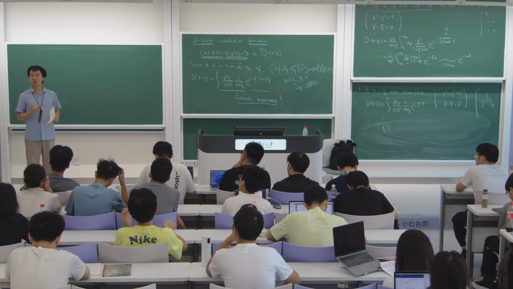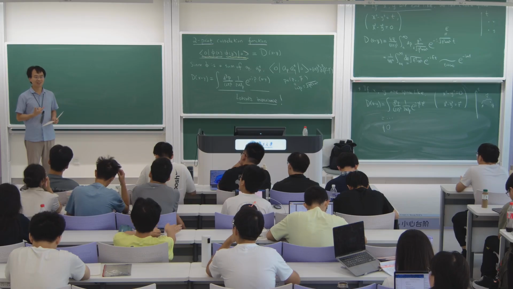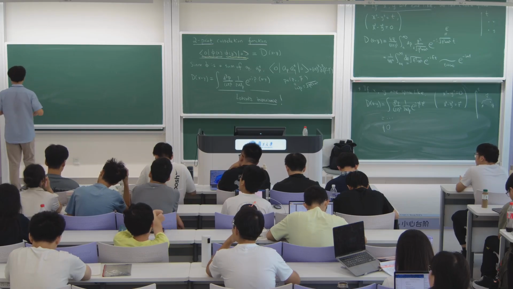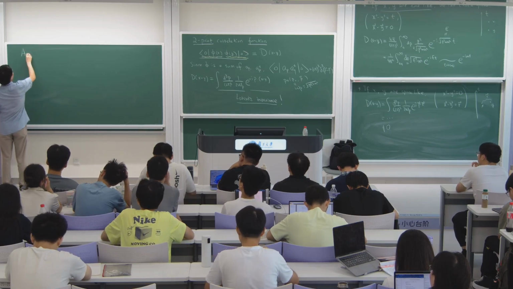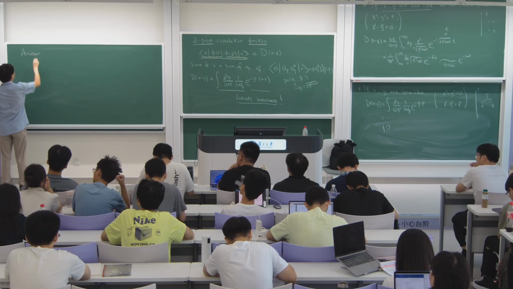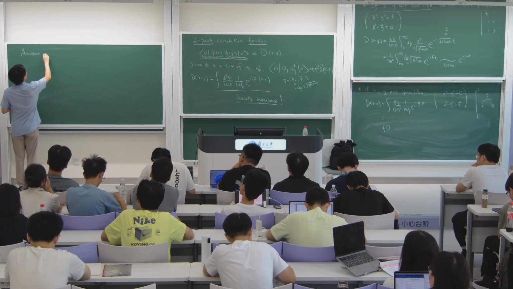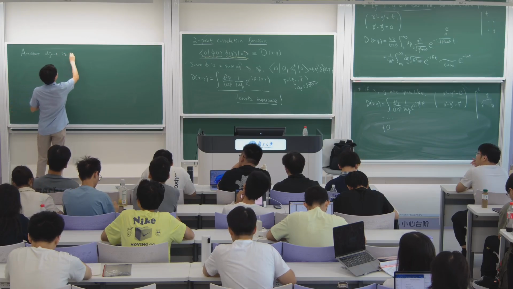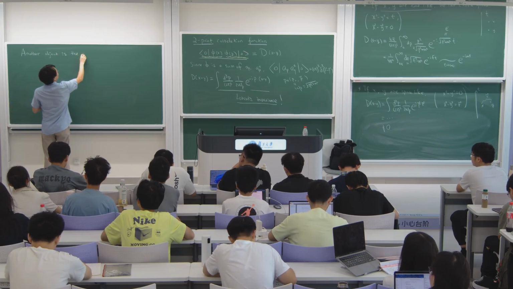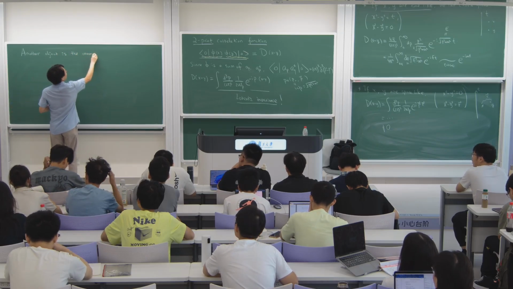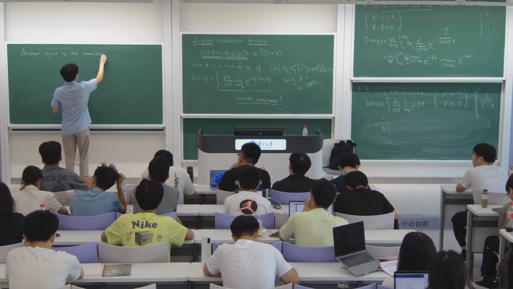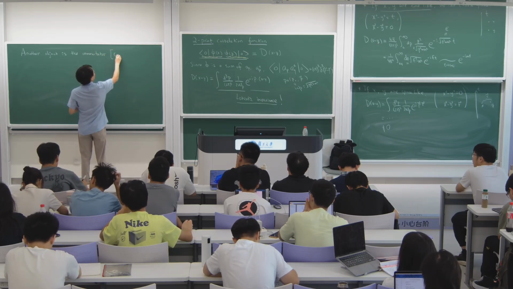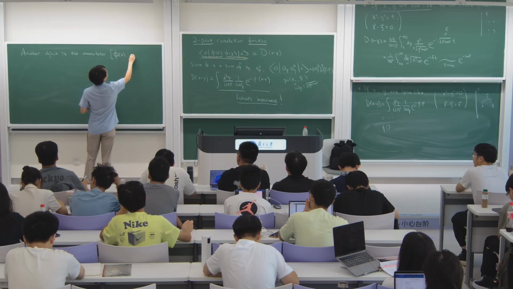Because these are operators, we can talk about the commutator. So another quantity we can look at is the commutator, which is phi x, phi y.